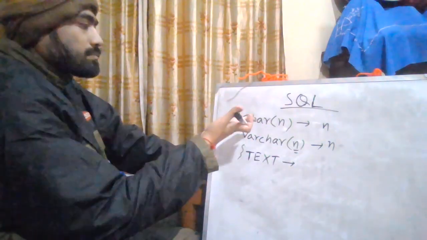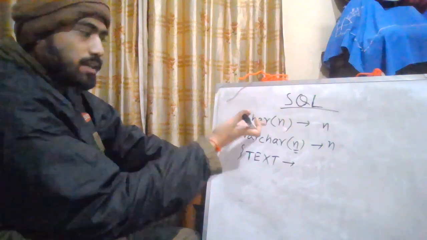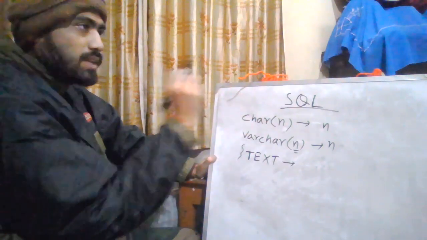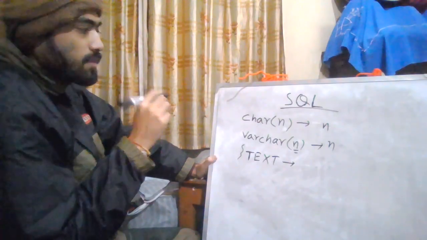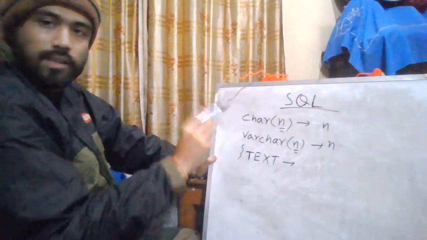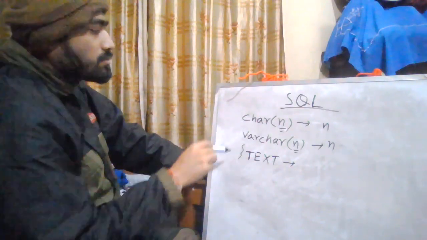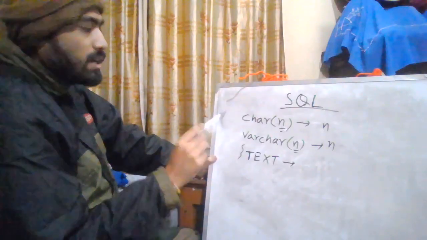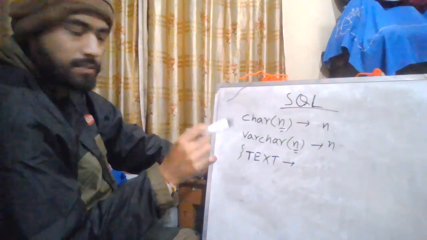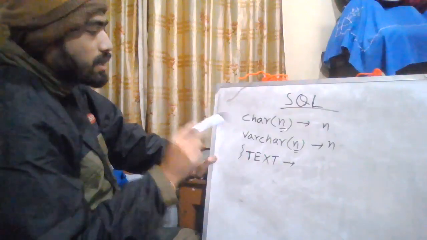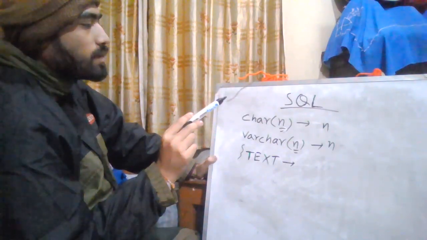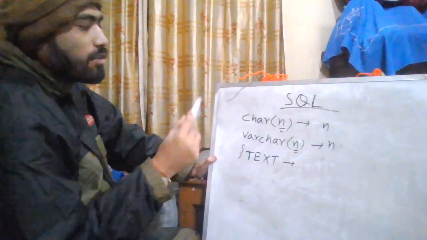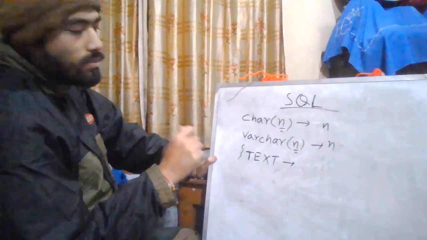So char n is the first character data type, with a fixed length n. For a variable number of characters, we use varchar, where n is the maximum number of characters we can store.